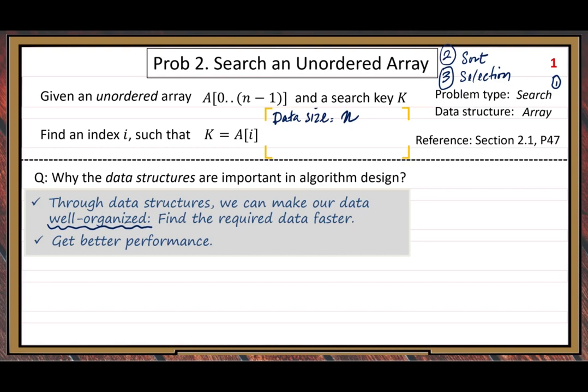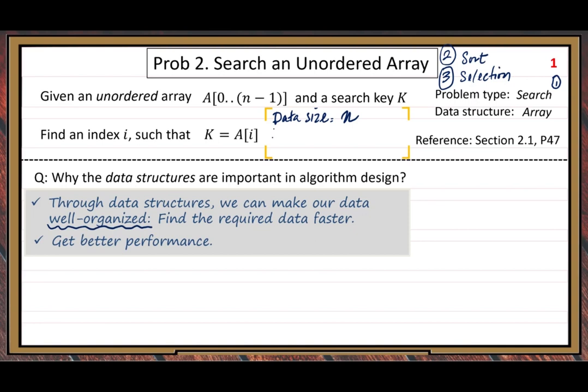Here, whether the data is organized or not, we need to ask the question, how strong is the data organization? There is a difference in how good you organize the data. How strong?